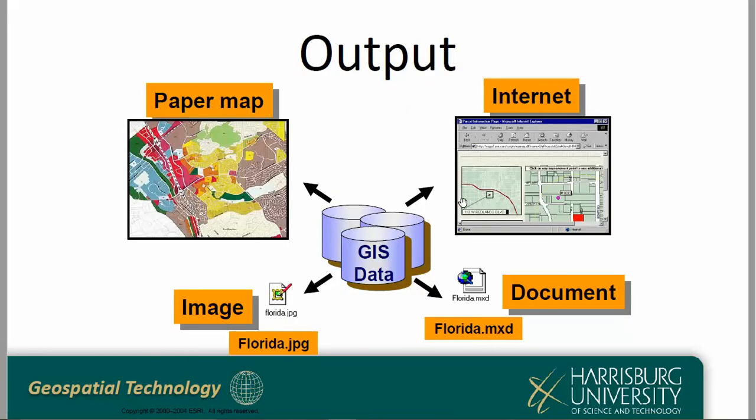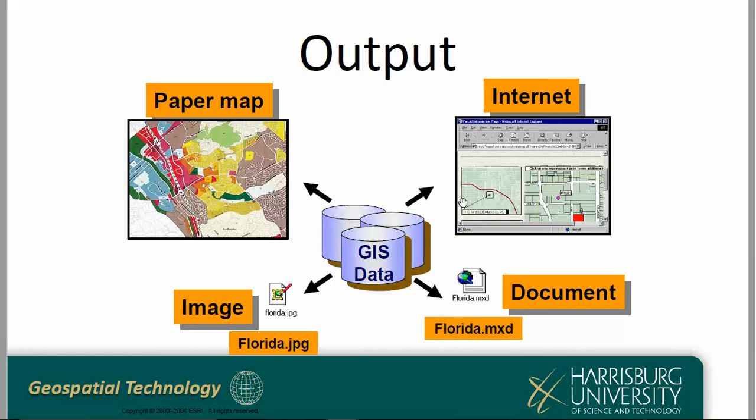Now, lastly, the output from geospatial technology, or GIS, can go not just to the paper maps and reports and graphs that we showed in visual form, but you could produce a printed map. You can produce images, and we'll show you examples of this in the first lab. You can produce a document, a map document.